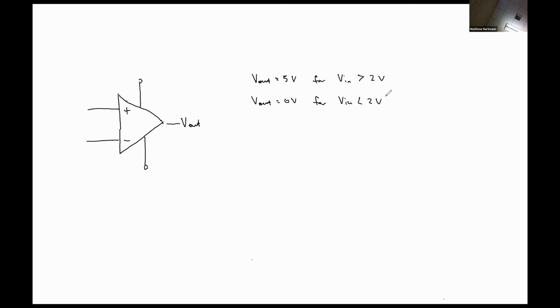That's all the same. The issue is that we don't have access to a 2-volt source, but we do have access to resistors. So how could we form a resistor biasing network to give us a reference voltage of 2 volts?